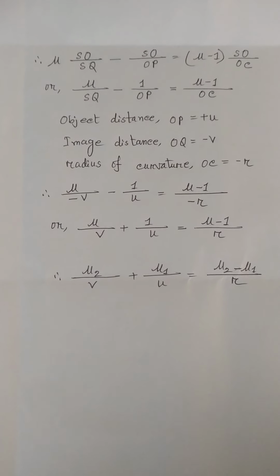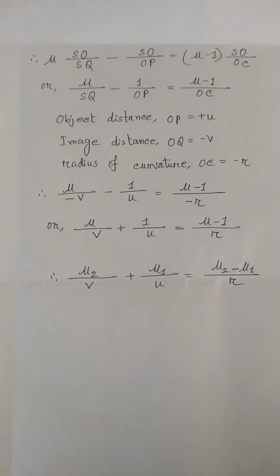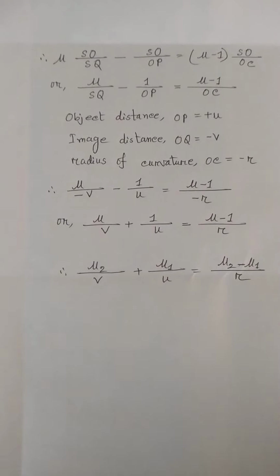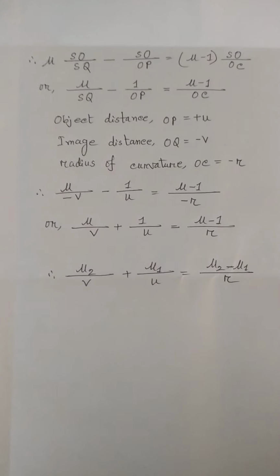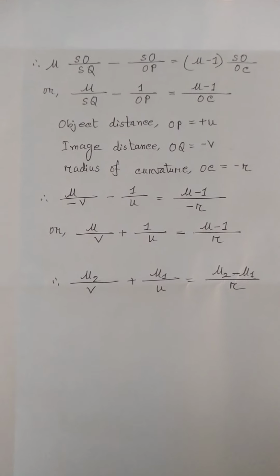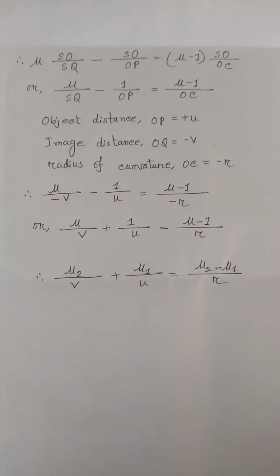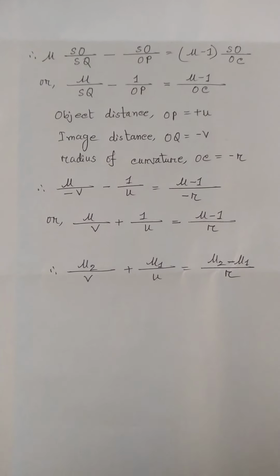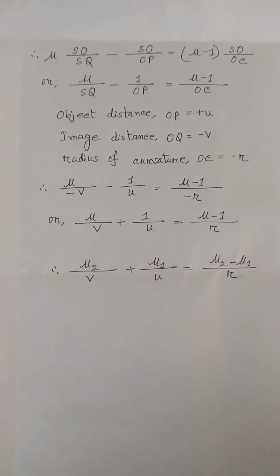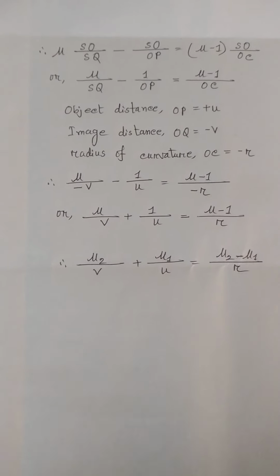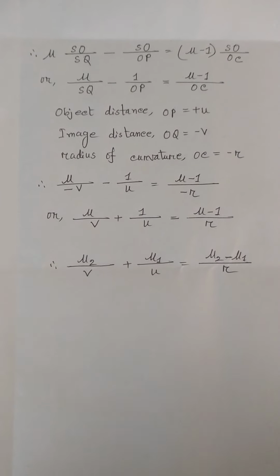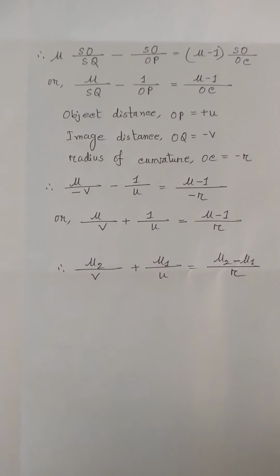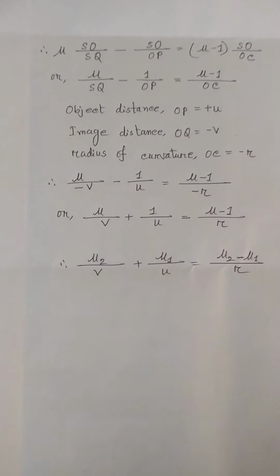But if one medium is air, with refractive index 1, and the other medium has refractive index mu, then we write mu divided by V plus 1 by U equals mu minus 1 divided by R.